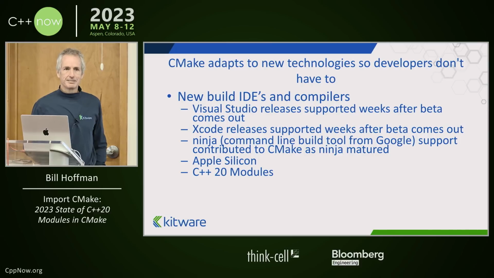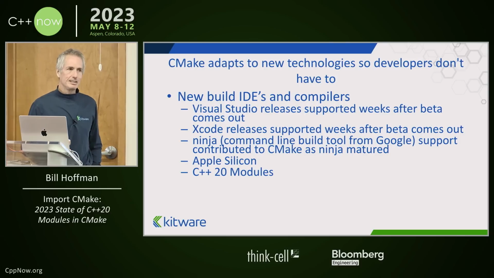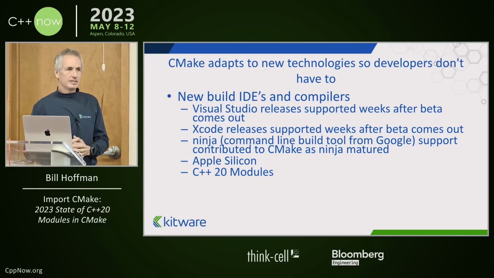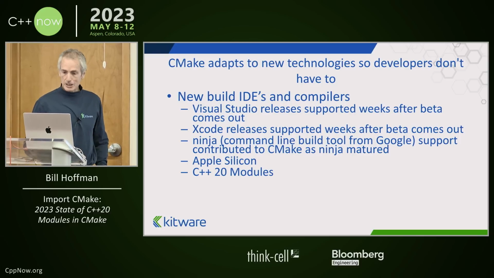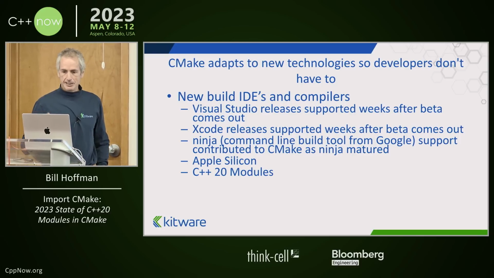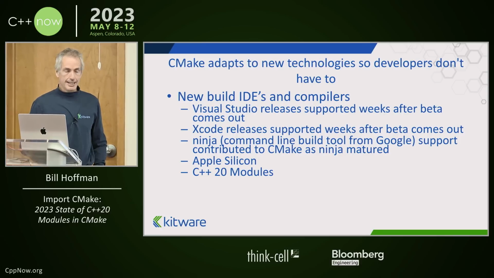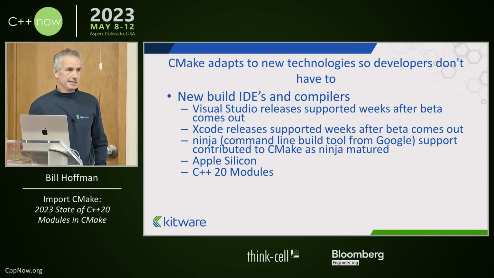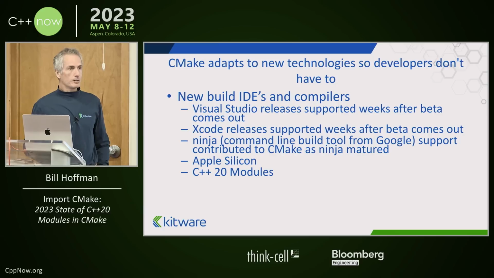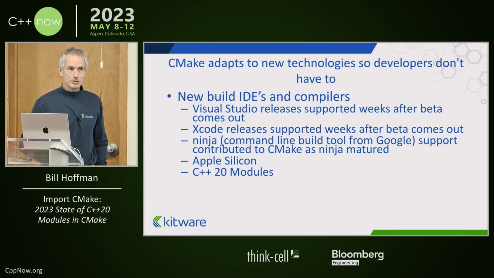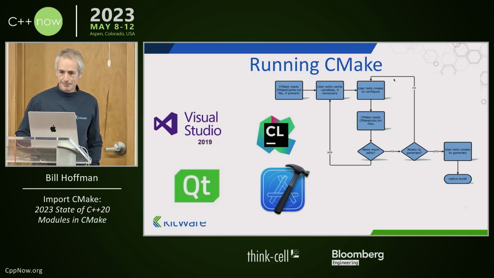I think probably 3 months after Ninja came out, there was a Ninja generator in CMake, and suddenly anybody using CMake had this new powerful, more parallel build tool. When Apple Silicon came out, the build stuff worked pretty quick. And now we're working on C++20 modules. That has been a little bit of a slower story, but I'll get into why that takes so long.